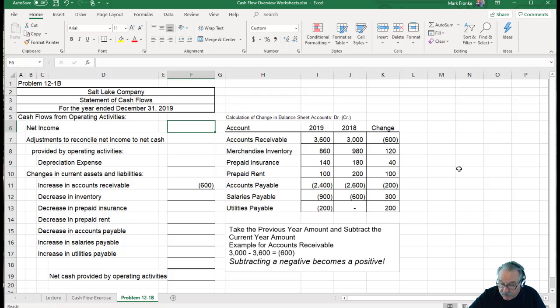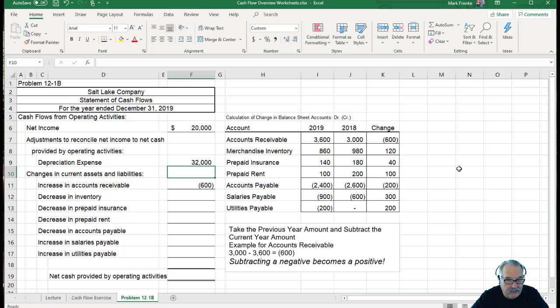From the book, they've given us net income as $20,000. Then we're going to add back depreciation expense. Why are we adding it back? Well, the reason we're adding it back is because it doesn't take any cash to record depreciation.